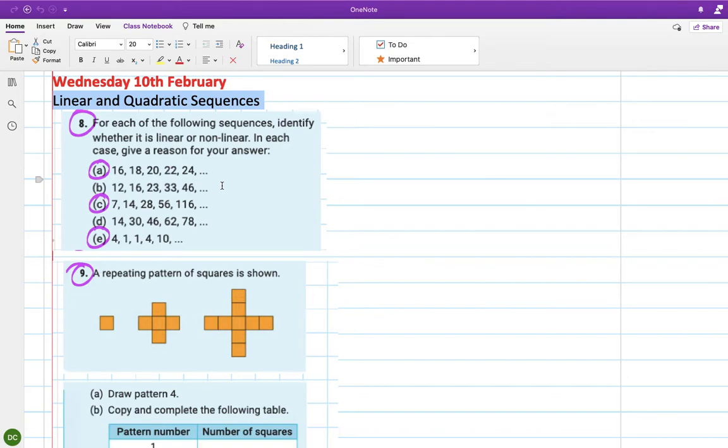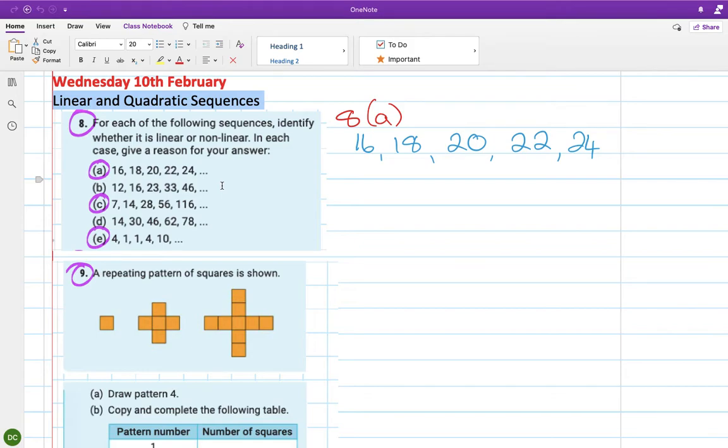Right, so the first one there is 16, 18, 20, 22, and 24. To identify if a pattern is non-linear, I suppose we'll first attempt to see if it's linear. So let's look at the difference.